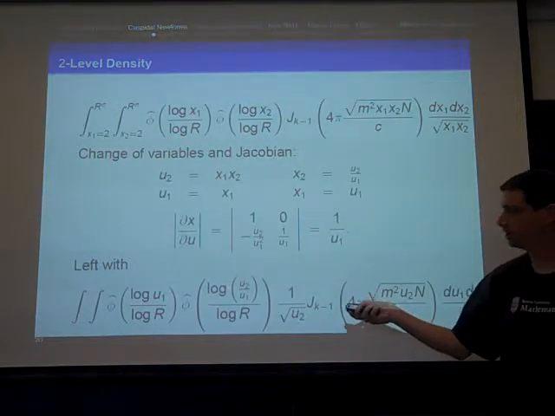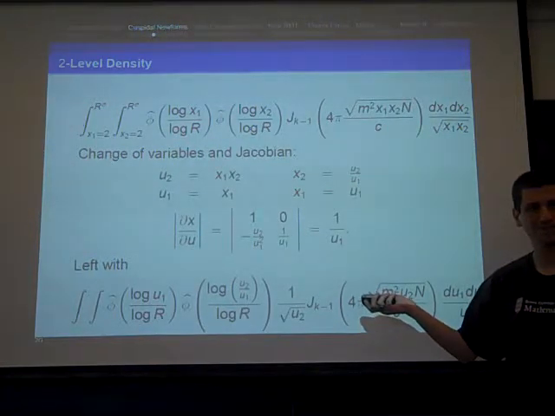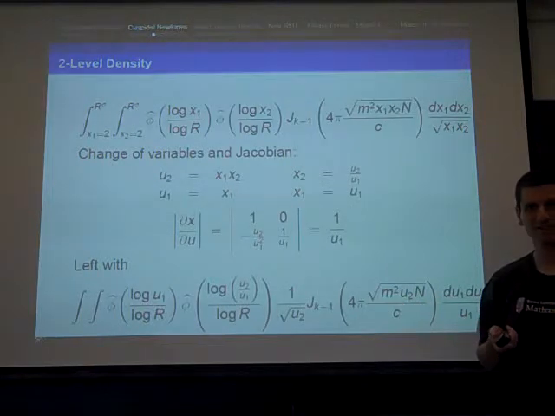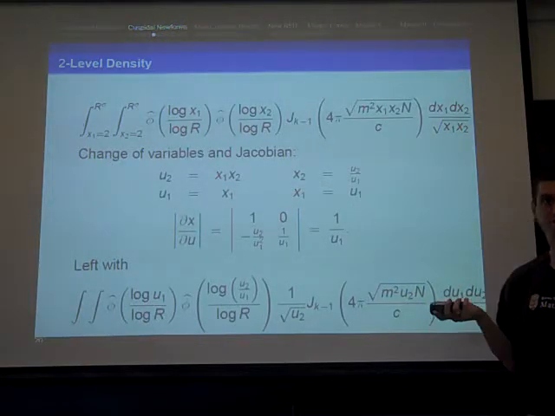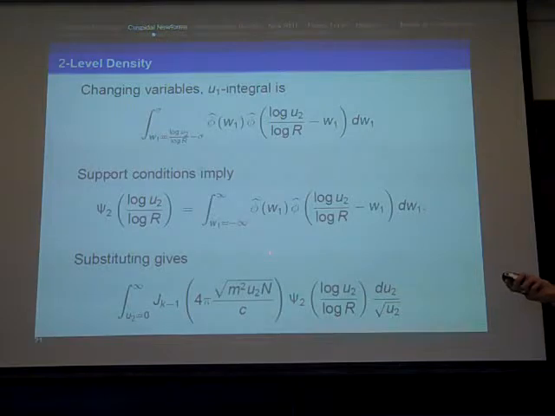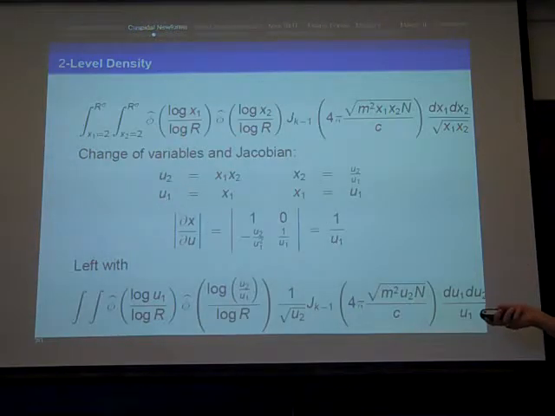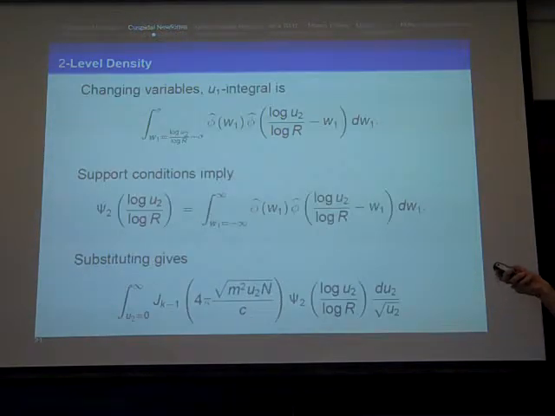The log of a quotient is the difference of the logs. So now let's let w1 be the log of u1 over the log R, and change variables. We'll get phi hat of w1, log of u2 over log R minus w1, dw1.